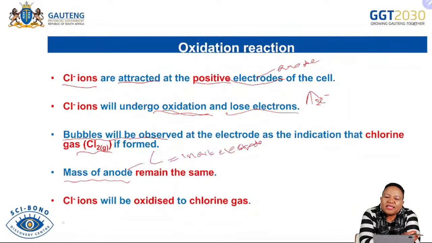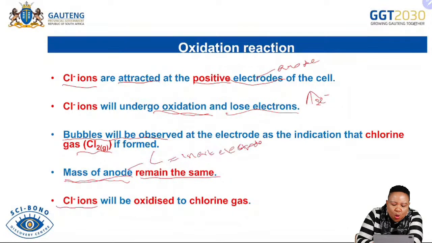Therefore, our carbon will never undergo oxidation, but it will be an electrical conductor that will be used to transfer electrons from the site of oxidation to the site of reduction. So that is why the mass of the anode remains the same. It doesn't change. So a chloride ion will be oxidized to chlorine gas.